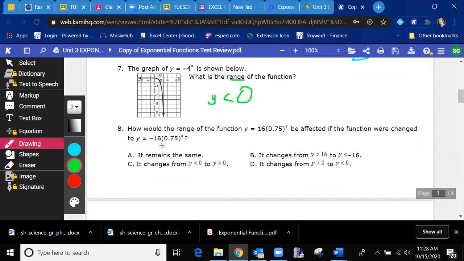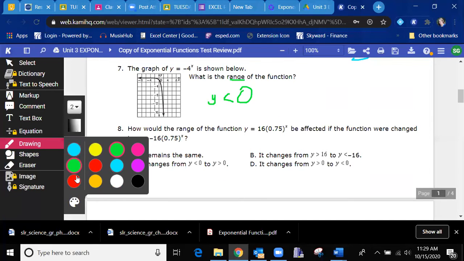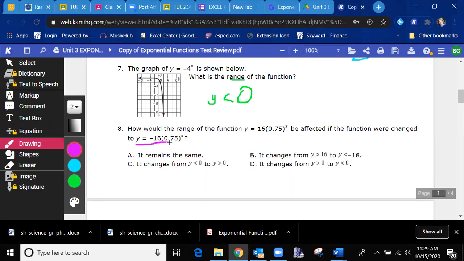Now this is kind of a trickier one. Let's think about what's the only difference between these two formulas? There's a negative sign in front of it. The only thing different is that this one has a negative and this one doesn't.